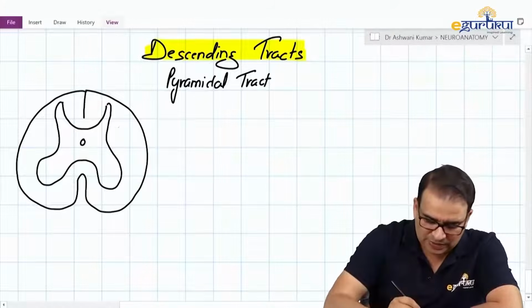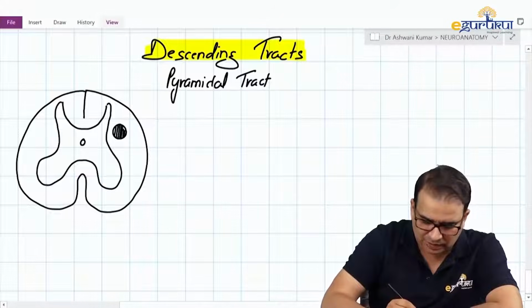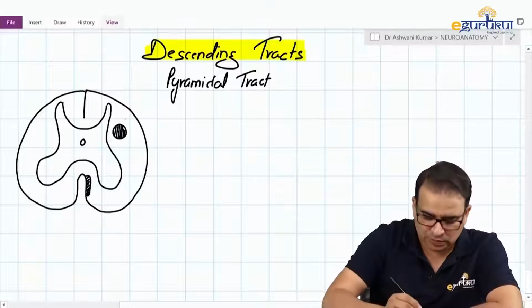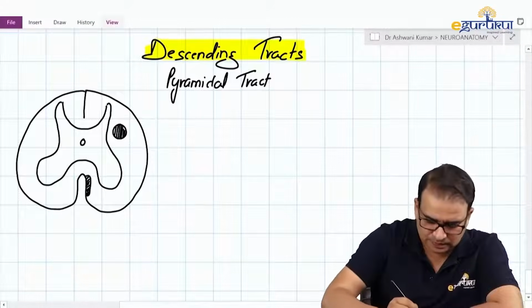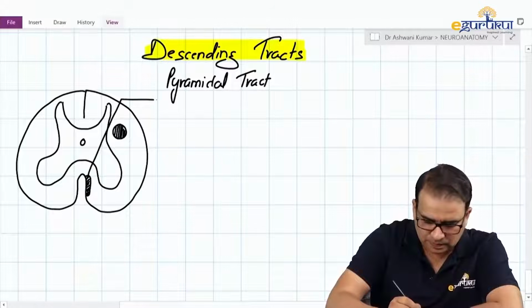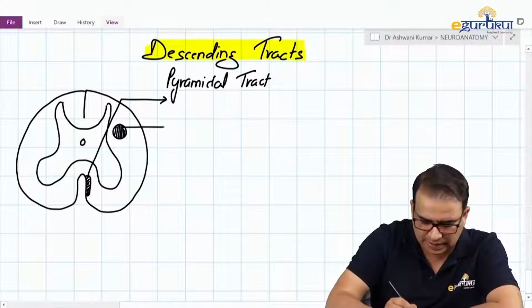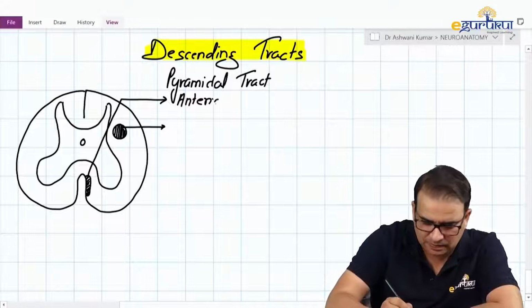One which is present in the lateral side of the spinal cord, and the other part is seen in the anterior part of the spinal cord. And that's how they're named also. Let me try to label them together, this one and this one. This is placed anteriorly, so I name it anterior.